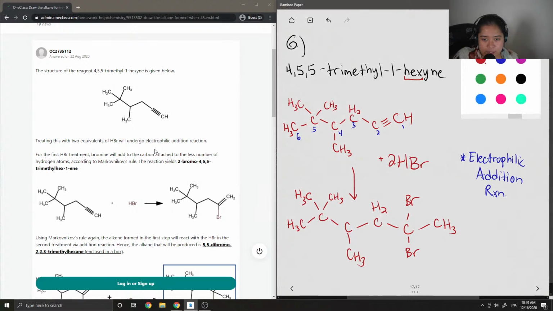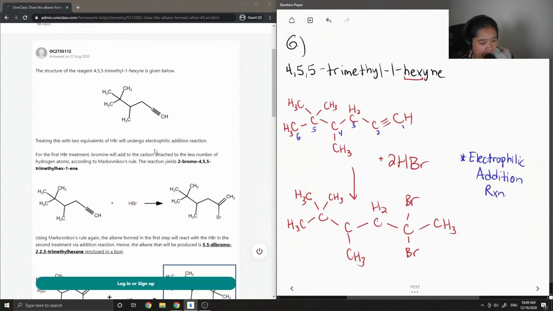So if we were to name this compound, let's number it again, this time so that we have smaller numbers involved. Actually, let's see. Yes, I think there would be smaller numbers if we numbered it from the left.